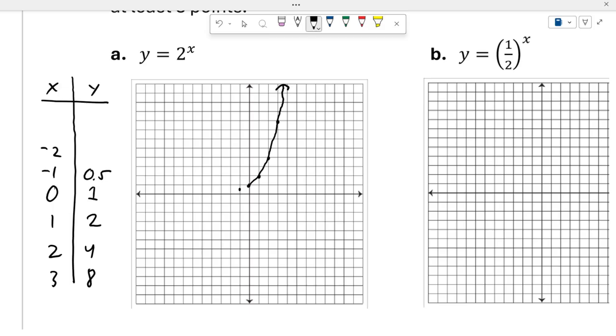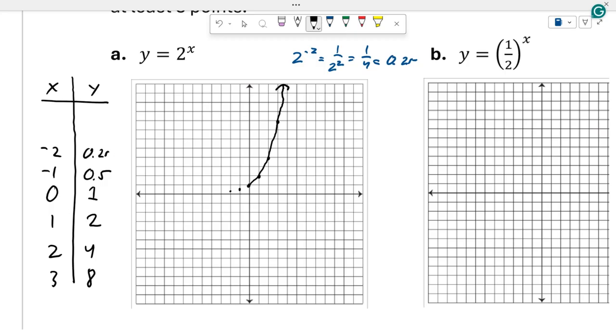At -2, I have 2 to the -2. I'll do this over here briefly. 2 to the -2 is 1 over 2 squared, which is 1 over 4, which is 0.25. So it's right there.